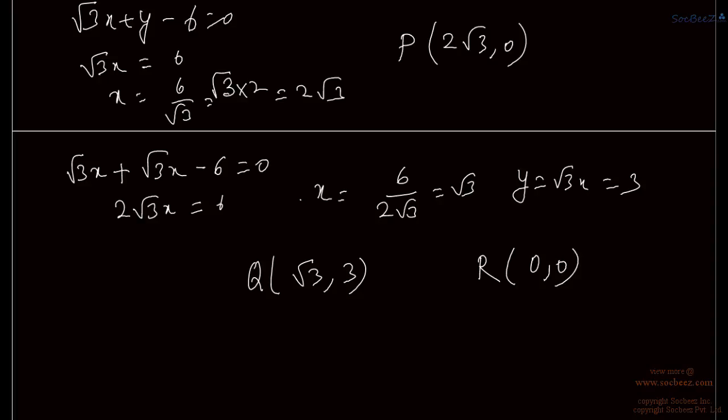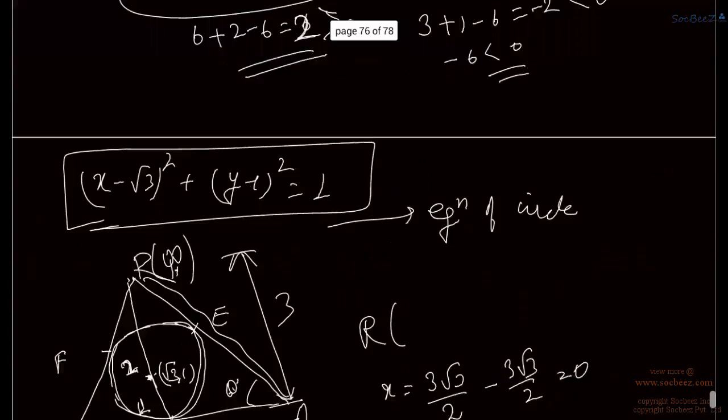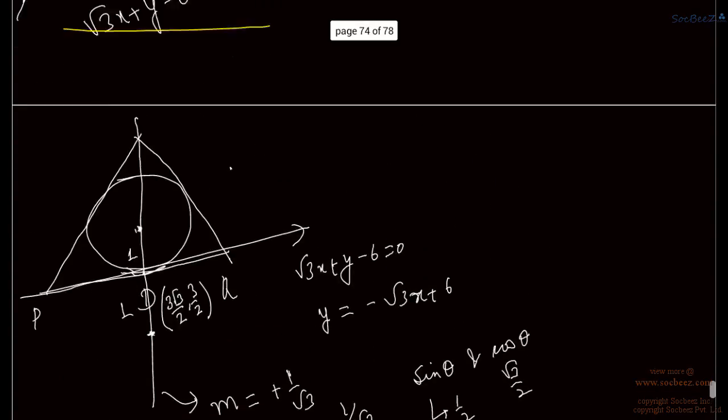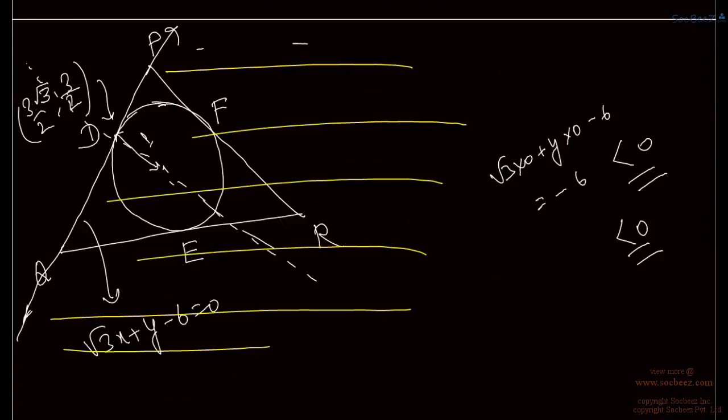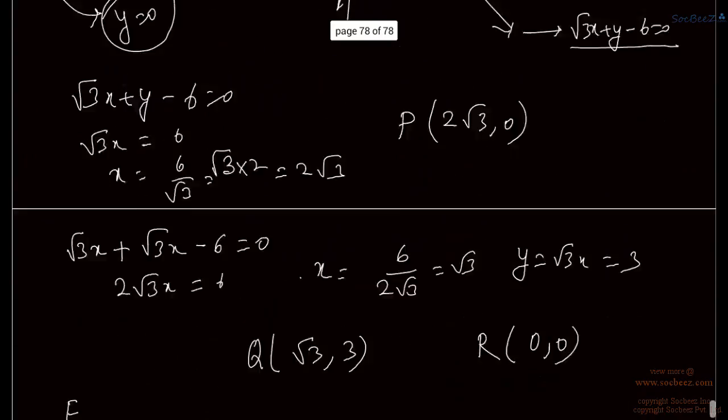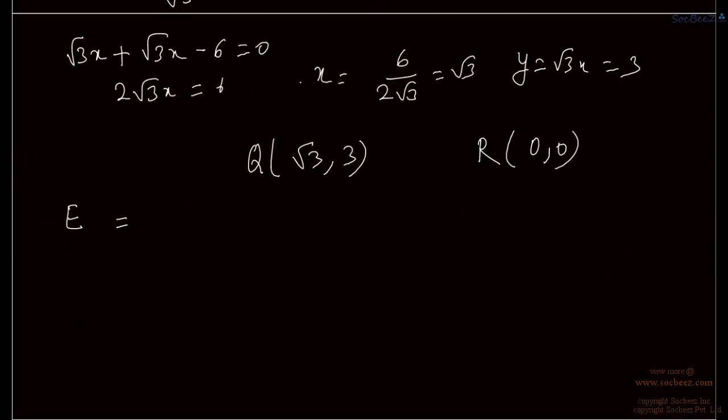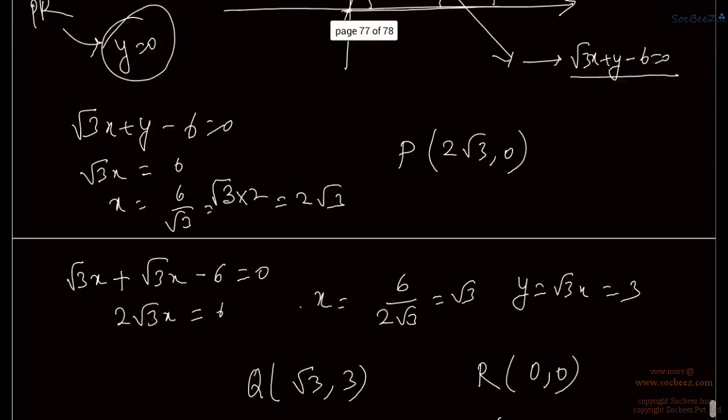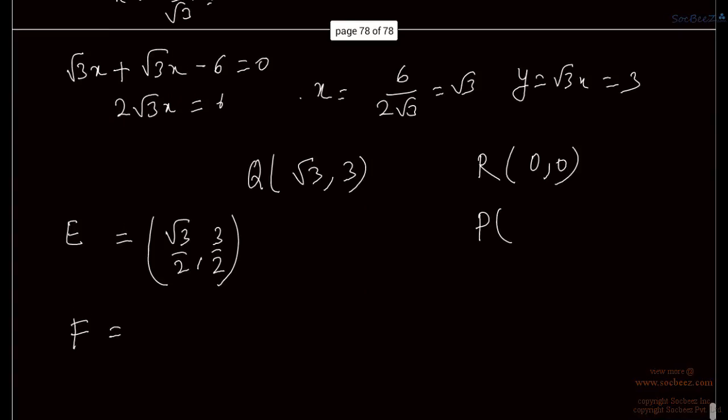So now we have the coordinates of points P, Q and R, thus we can find the coordinates of points E and F. E is between points Q and R, the midpoint of Q and R. So the coordinate of point E is (root 3 by 2, 3 by 2). F is between P and R. The coordinate of point P we have already found previously, which is (2 root 3, 0).